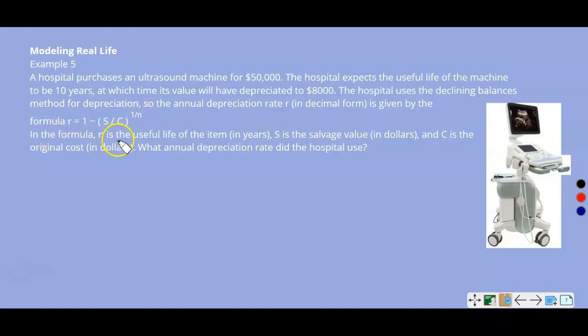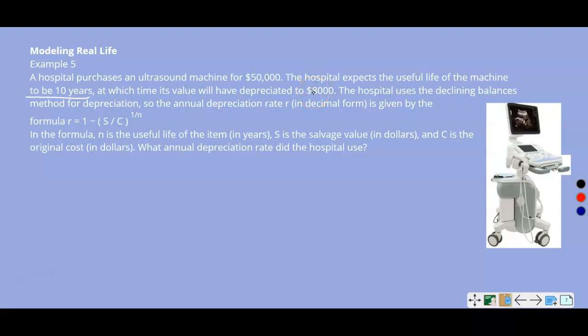In the formula, n is the useful life of the item in years. So the useful life of the machine was 10 years. So we know that's going to be our n. S is the salvage value in dollars. So S would be the value at $8,000.